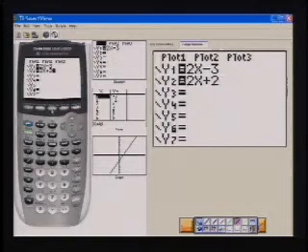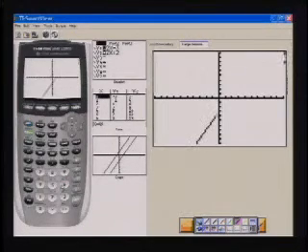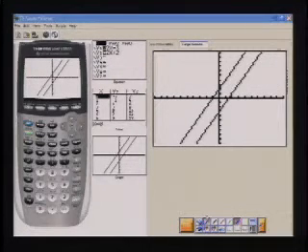Again, let's get a nice standard viewing window at zoom number 6. And we can see that these two lines seem to be parallel. And since we were sure of it because of the slopes from the equations, that's how we know that there are no solutions to this system.